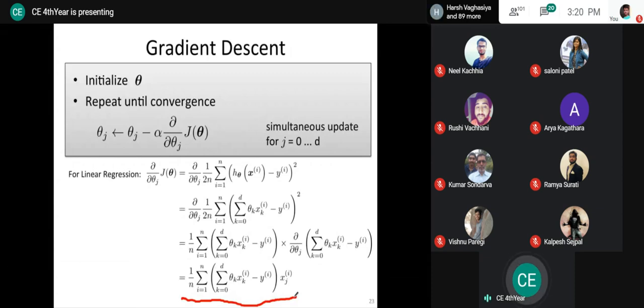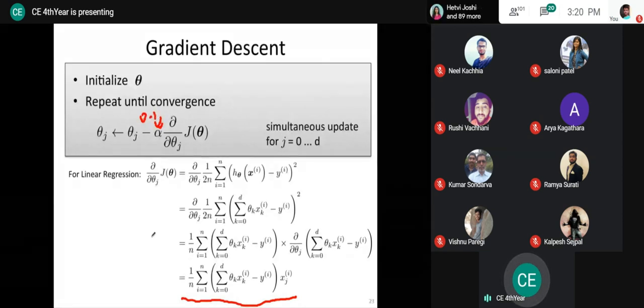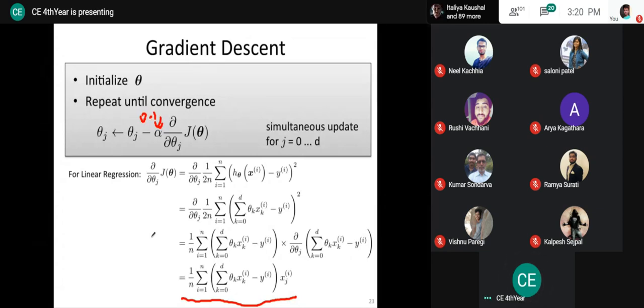Fine. So our gradient descent learning will be, let's assume that alpha is, let's say, 0.1. So during the learning phase, whatever the initial random theta value is, we'll update that initial random theta value by 0.1 times this calculation.